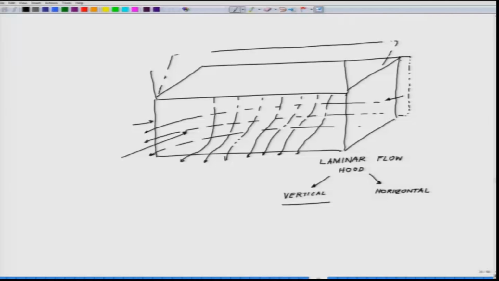The horizontal ones work like this: the air is coming from the back, I am just trying to show you like this. Whereas from the top it is coming like this.